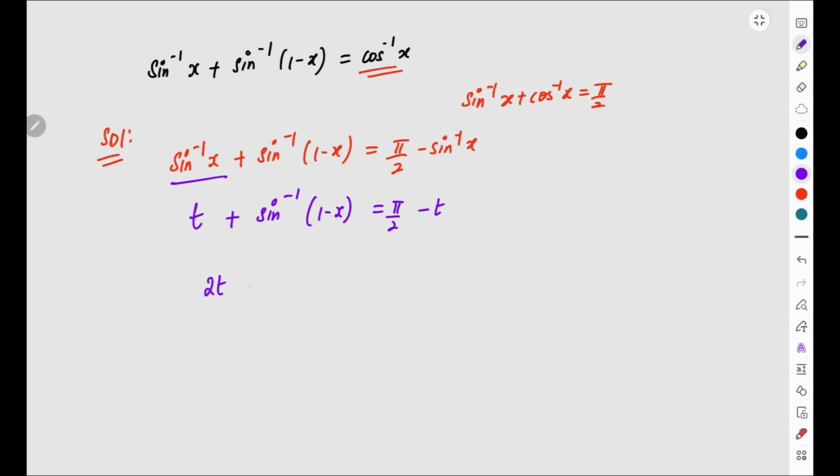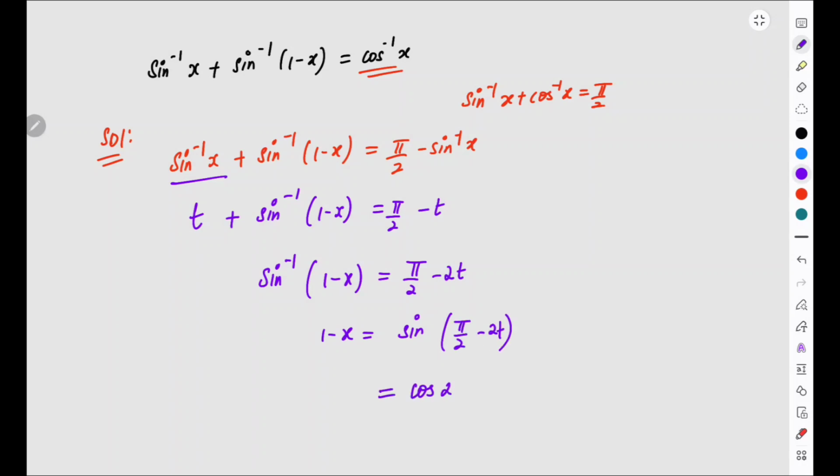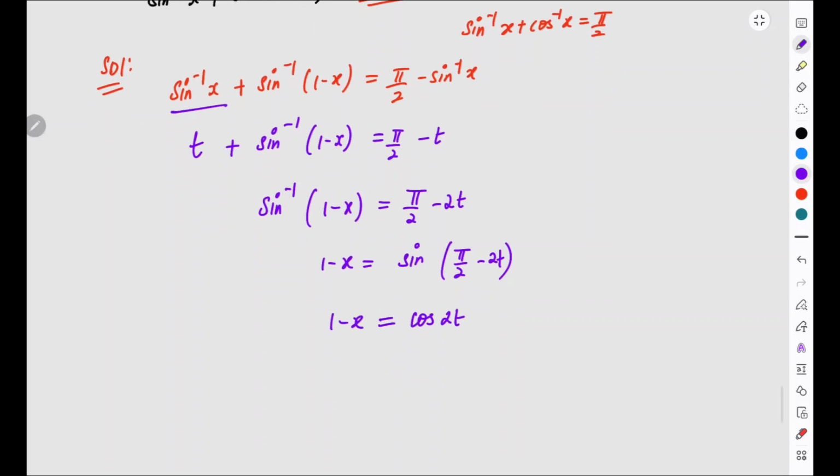So we get 2t, pi by 2 minus 2t. You can write sine inverse of (1 minus x) is equal to pi by 2 minus 2t. So 1 minus x is equal to sine of (pi by 2 minus 2t), which is going to be cos 2t. Again, what is cos 2t?